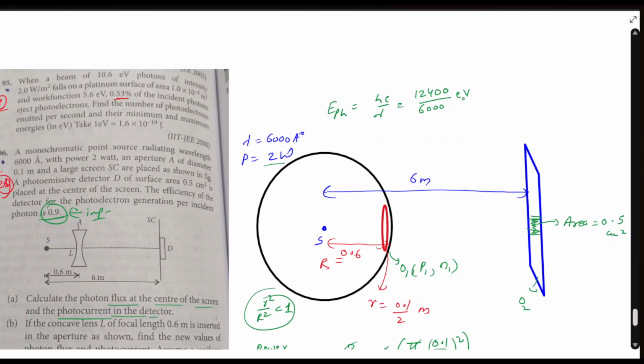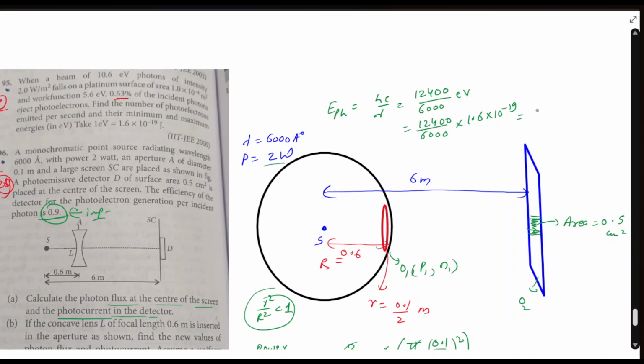If you calculate 12400 divided by 6000, we get approximately 2.07 eV, and then we multiply it by 1.6 into 10 to the power minus 19 to find it in joules.